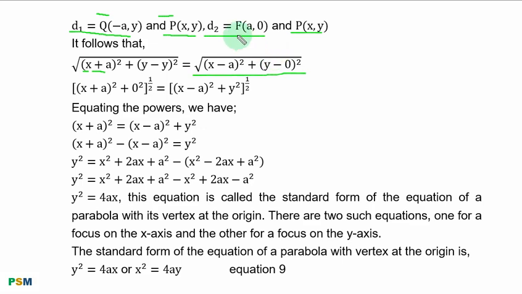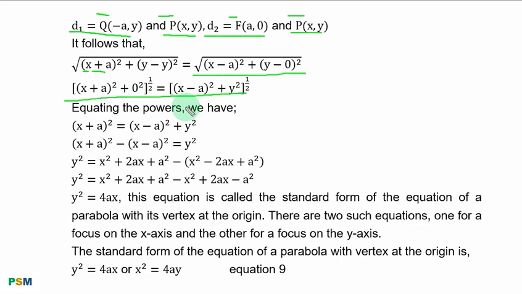Combining points F and P, you have x2, y2, x1, y1. You can express the square root as a power of half.